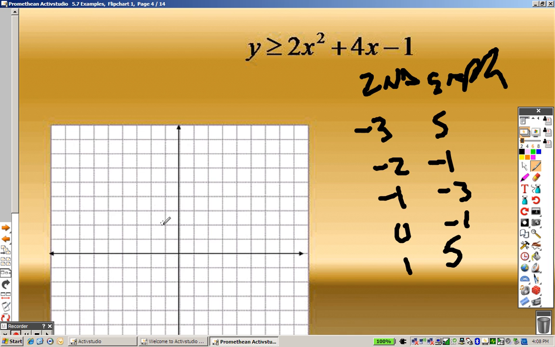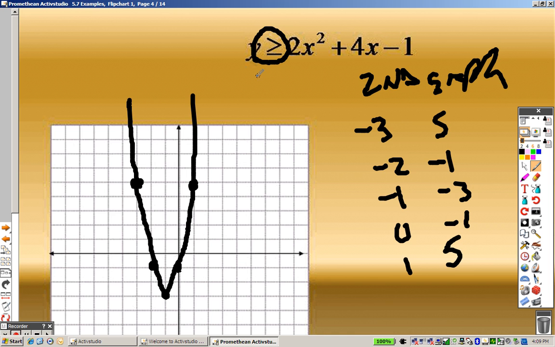So let's plot those points. -3, 5. -2, -1. -1, -3. 0, -1. 1, 5. Because this is greater than or equal to, because we have a bar underneath it, that means it's a solid line. So I connect this with a solid line.